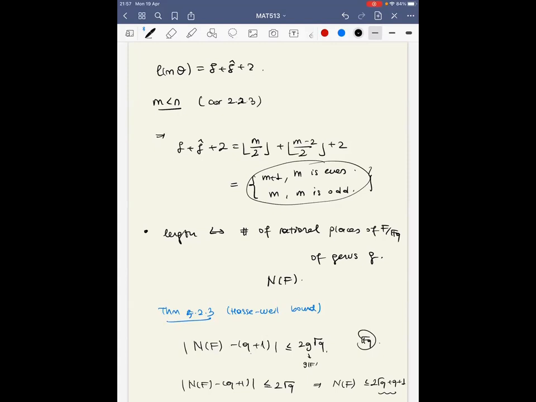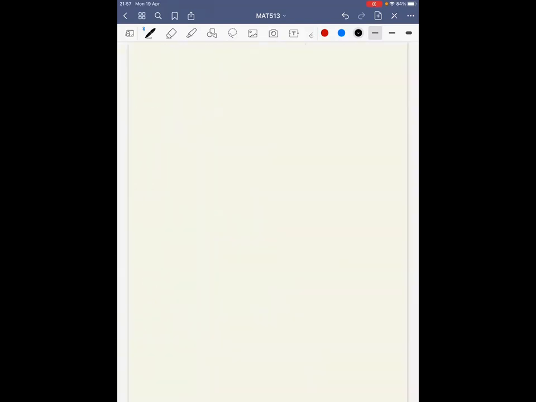And in order to give some information about the number of rational places of an elliptic curve, here I just want to present some results from Silverman's book, The Arithmetic of Elliptic Curves. So indeed, we treat elliptic curves as elliptic function fields.